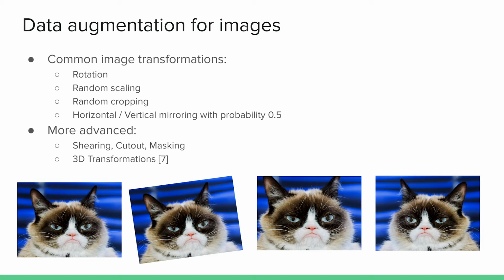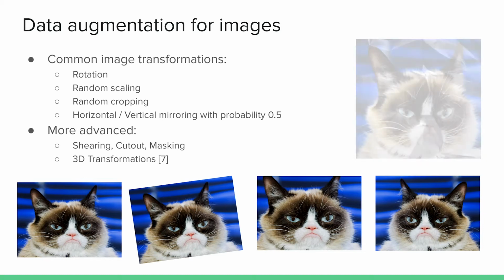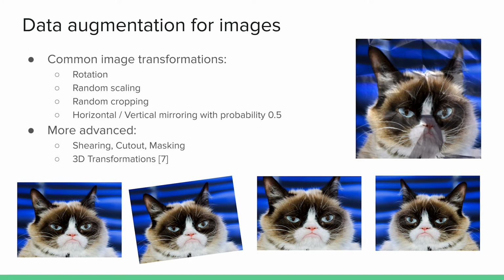You can even apply some of the more advanced augmentation techniques for images, which could be shearing, some kind of non-linear stuff, or some cutouts where you just drop certain parts of your input image, masking, a similar idea, and even some really fancy three-dimensional transformations that make your image look as if you had a physical printout of that photo, crumpled it together and then unfolded it again, which gives you something that looks like this. I think this is a fantastic idea.